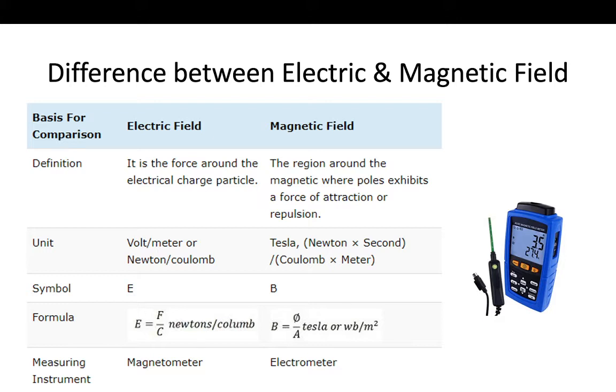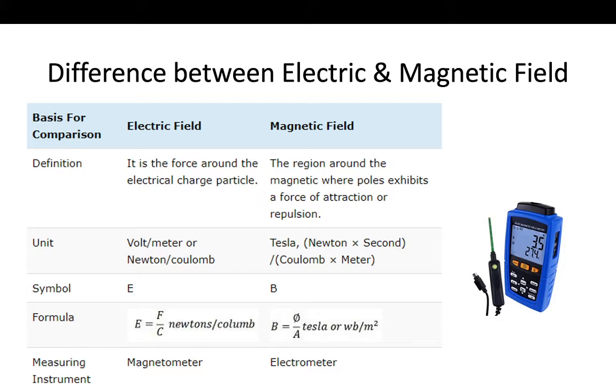Unit: the same, volt per meter, Newton per coulomb, or Tesla. Symbols: E and B. Formula: the same formulas we studied before.